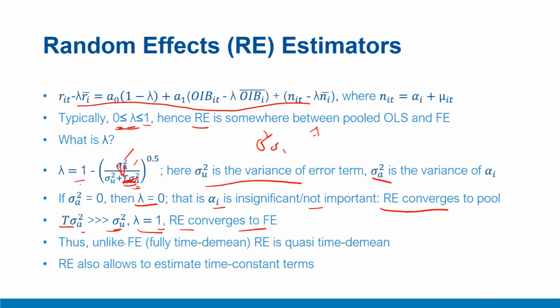Also, we noted that unlike fixed effect, which is called fully time demeaned, random effect is sort of quasi time demeaned. So we are time demeaning, but not with a factor of 1, but with something less than 1 but greater than 0. Another advantage of random effect is that it allows us to estimate the time constant term, for example, alpha naught times 1 minus lambda. That is one great advantage of this method.